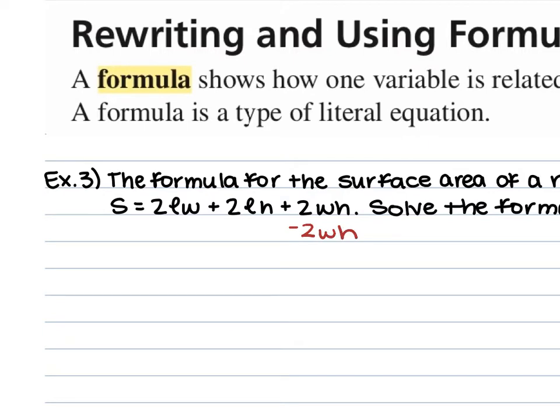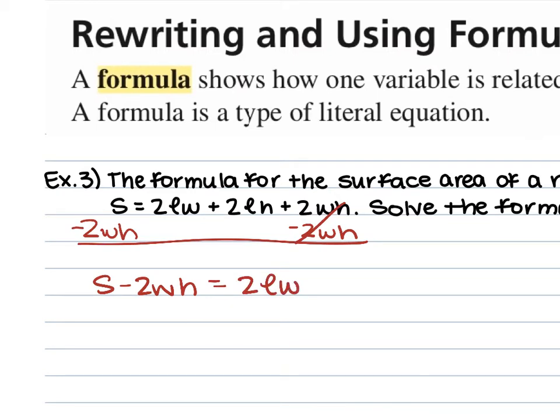So we're going to subtract it from each side. So this is going to leave us with S minus 2WH is equal to 2 length times width plus 2 length times height.